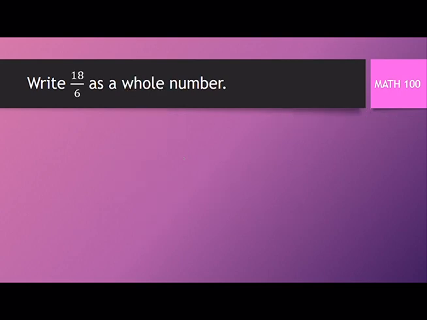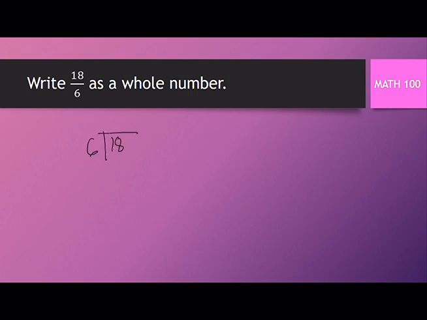Next, we go for 18 sixths or 18 over 6. And writing this one as a whole number, you are just following the process of converting an improper fraction to a mixed number. So we have here 18 divided by 6.